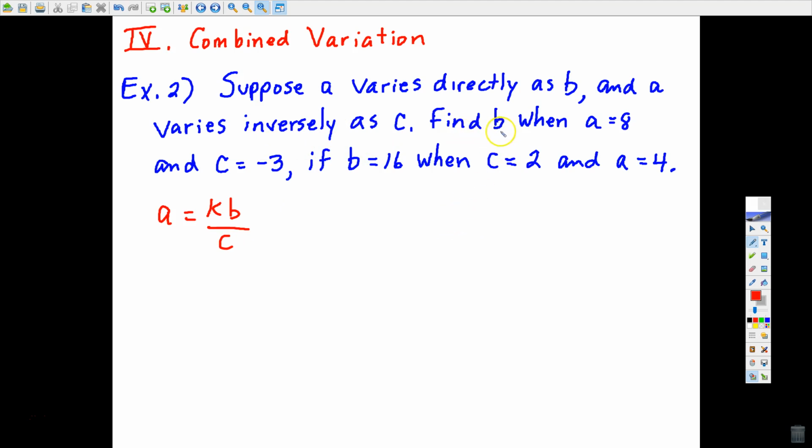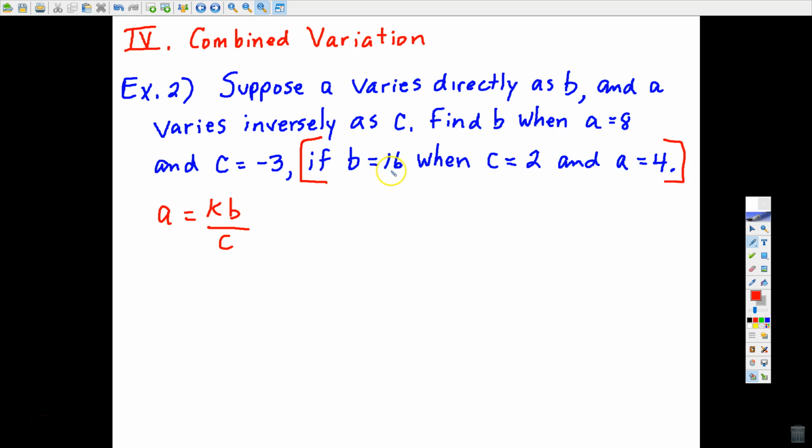Okay, the final answer they want to know is what B is if A is 8 and C is negative 3, but to me this is the most important part of this problem, because giving me B, C, and A values to plug in for those will help me know what K is. And if I don't know what K is, I can't get to the answer.